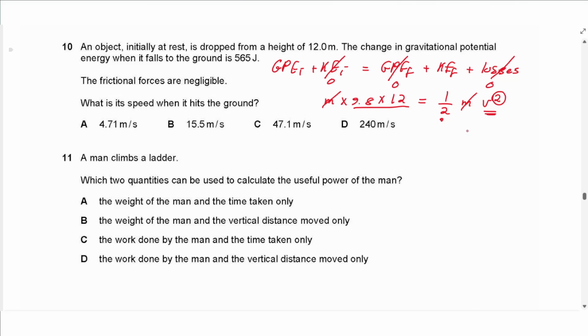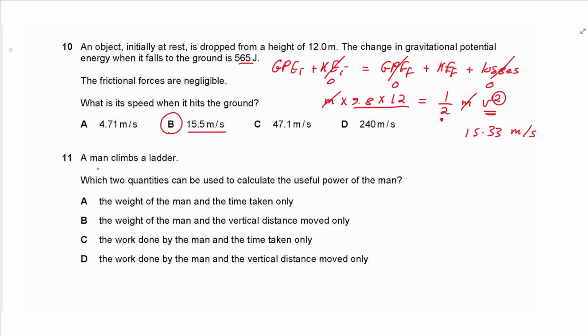That gives an answer of 15.33 meters per second, and the closest answer here is 15.5. This is because in this year G was 10 newtons per kilogram, not 9.8. So the answer here is B. Another way of solving the question is to find out the mass using the gravitational potential energy and the equation mgh, and then reusing it in the equation for the kinetic energy, half mv squared, to get v.